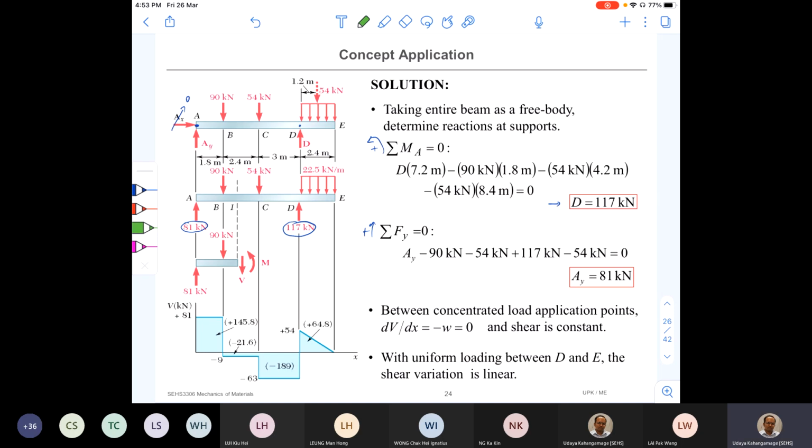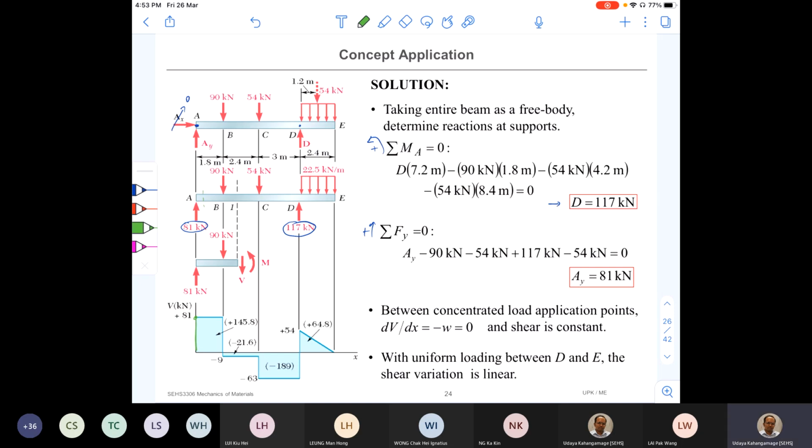So at point A, shear force is 81 kilonewton. Right? Immediately we can tell that. If you have any doubt how it comes about, you can simply cut this beam between A and B, at any point here, draw your free body diagram, write your equation of equilibrium and find the V inside. Because from A to B, V is the same, so it is 81. You get the positive value for that.